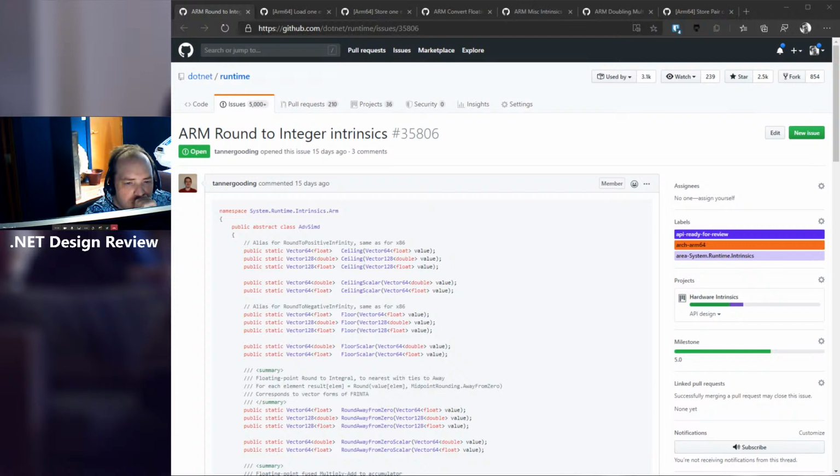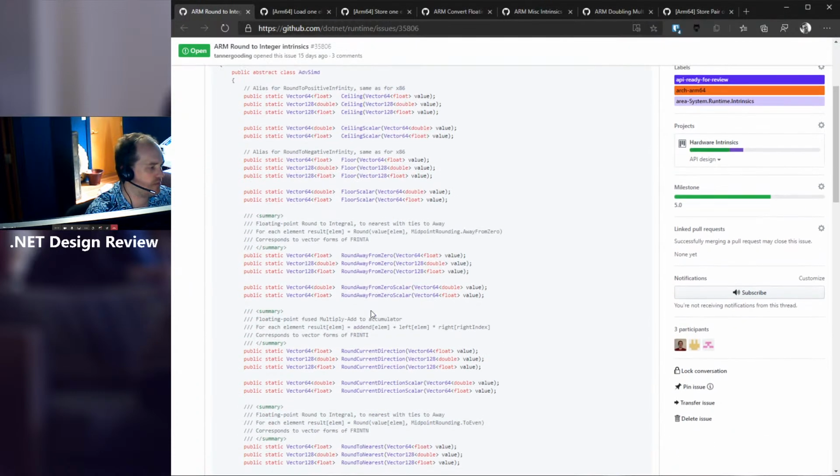And then for the group after that, we have a similar set of 5 APIs for rounding mode. So there's away from zero, nearest, negative infinity, positive infinity, and toward zero.